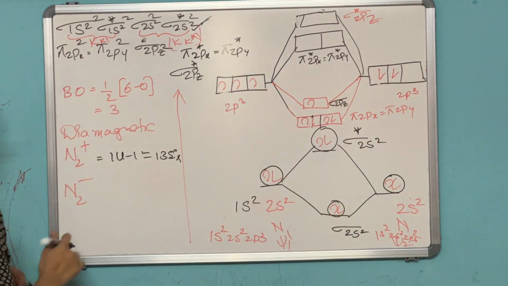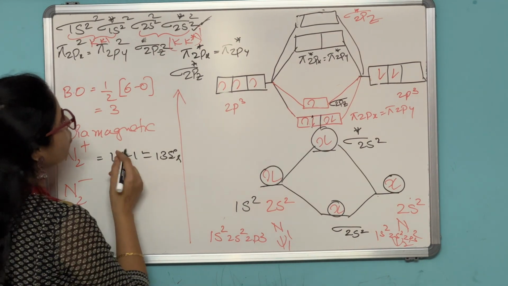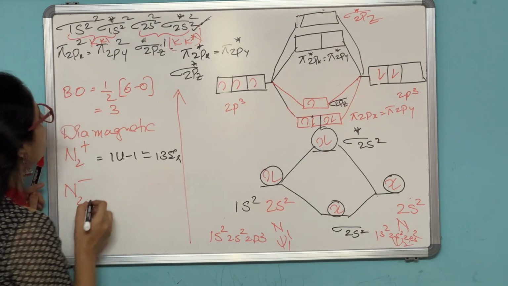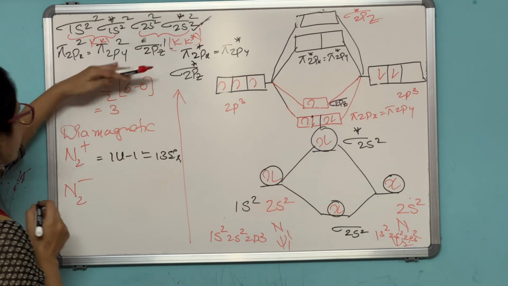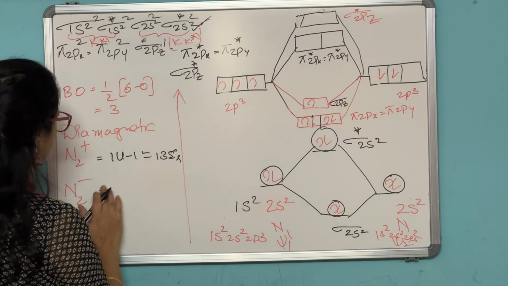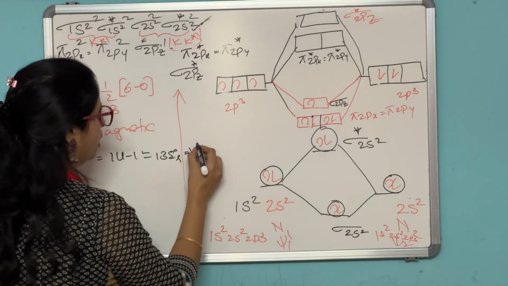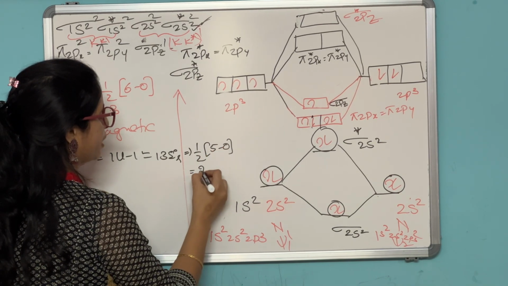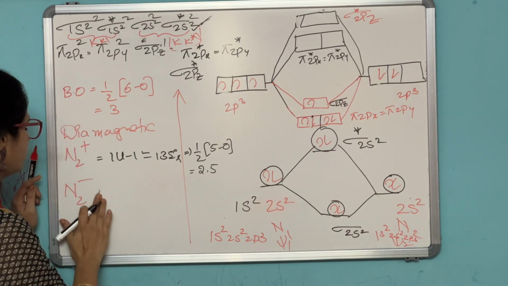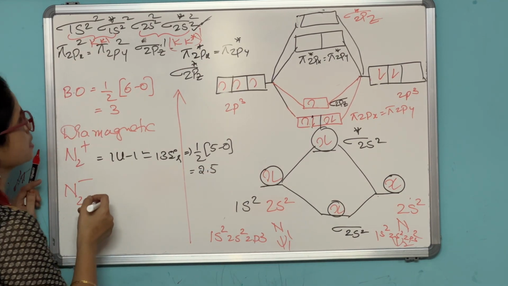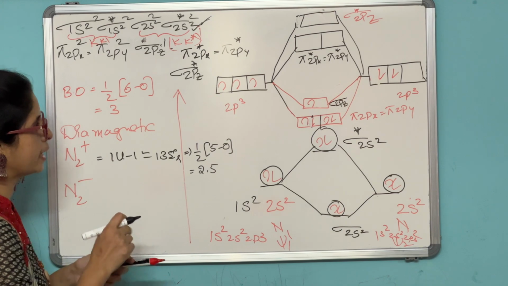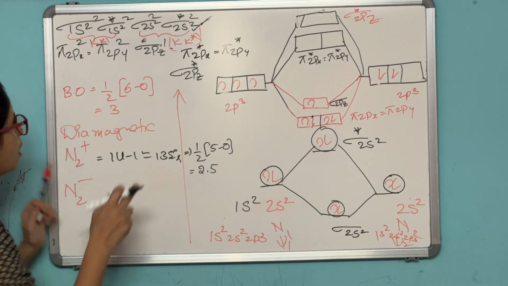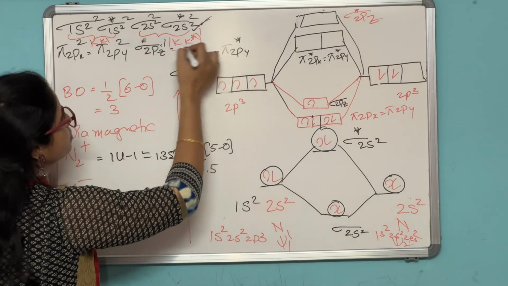So here calculate the bond order. If I remove one electron from this one, altogether here how many? 5. 1 by 2 times (5 minus 0), 2.5 is the bond order for N2 plus. N2 minus means 1 electron in the anti-bonding orbital.